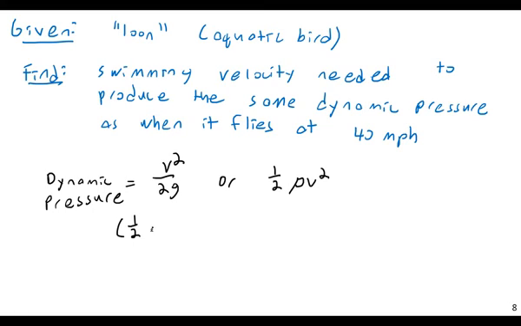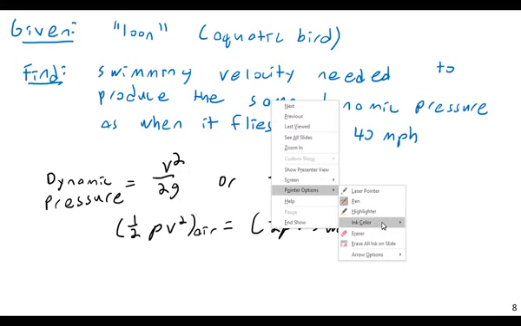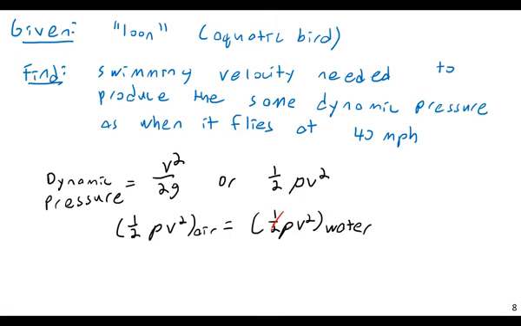So I'm going to have 1/2 rho v squared for air, and this is going to be equal to 1/2 rho v squared for water. All right, and then the 1/2 will nicely cancel out, so we don't need to worry about that.